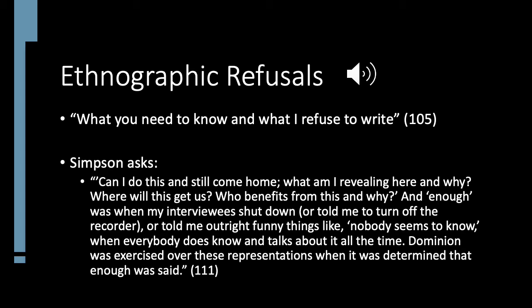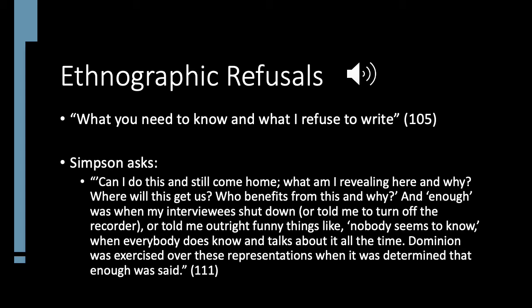Does this enhance Indigenous sovereignty, as, for example, Glen Coulthard says it should? Or is it doing something else that's not actually necessarily relevant to Mohawk people? Who benefits and why? So an ethnographic refusal is that moment where people say, enough.